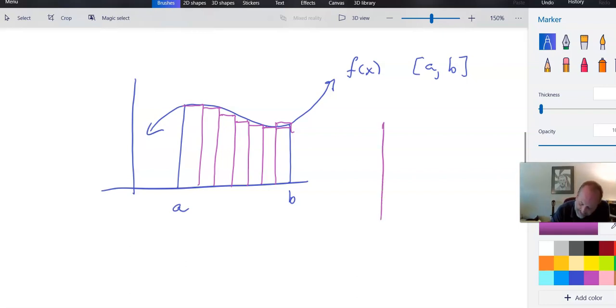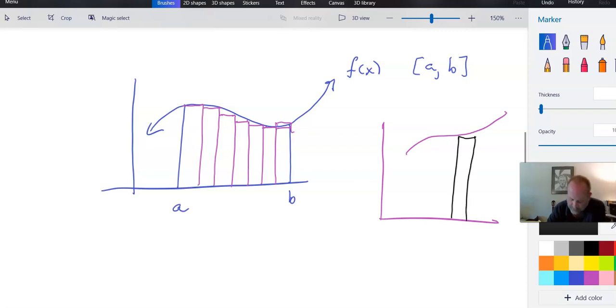I'm just going to pick one rectangle. How about this one? Well, it's not a perfect rectangle, but you'll notice the height of the rectangle is a function value. So f of x tells you how far above the x-axis you are, sometimes how far below.